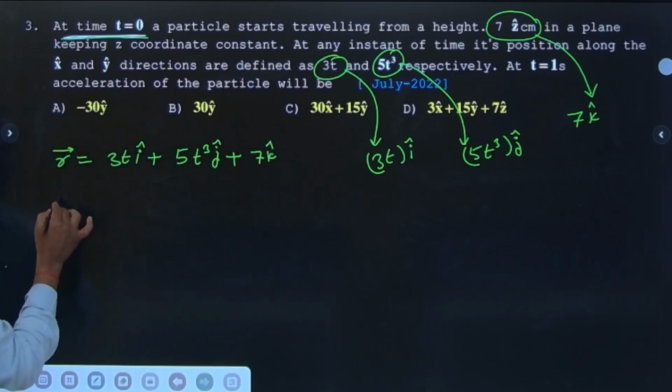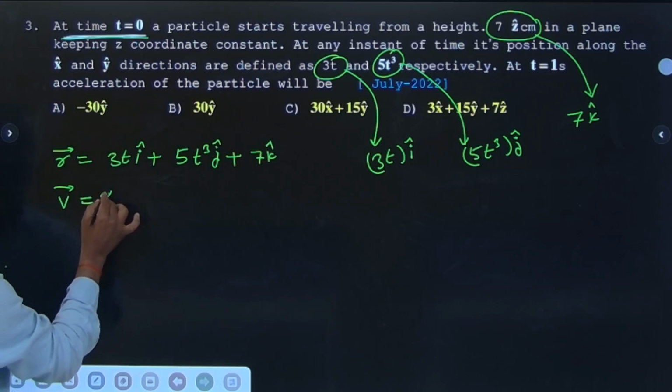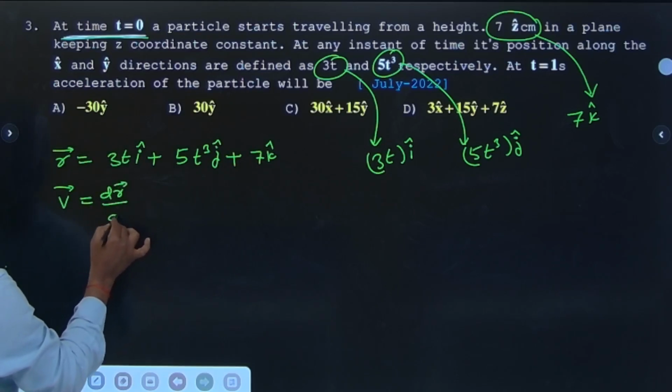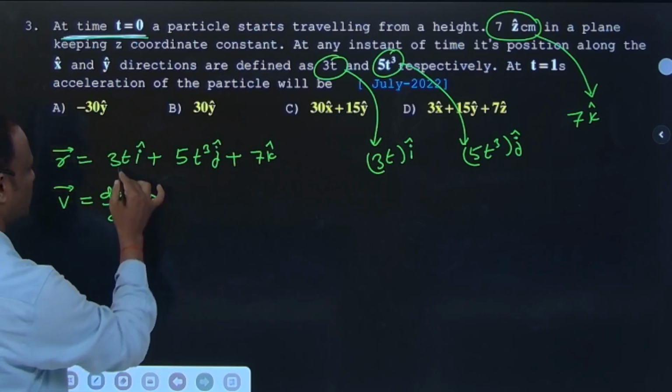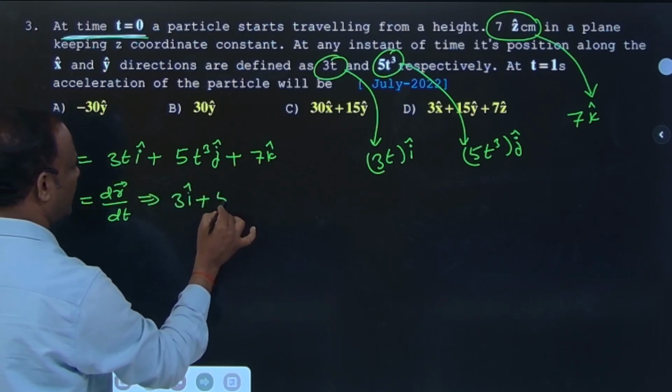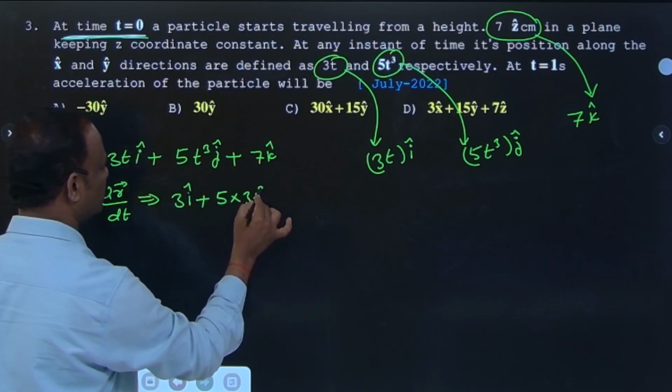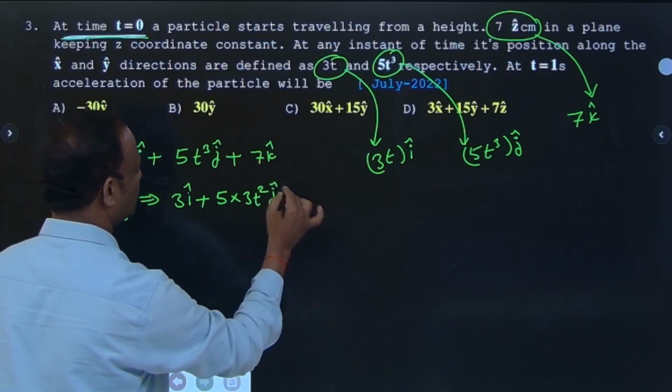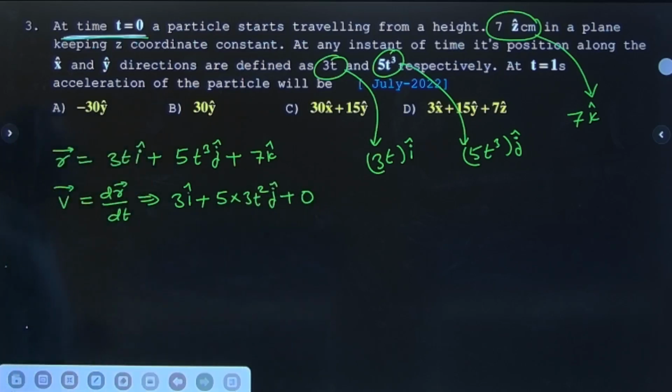Now I want to know about velocity. Velocity means dr bar by dt. This is equal to the differentiation: 3 i cap plus 5 into 3t square j cap plus 0. Differentiation of a constant is what?